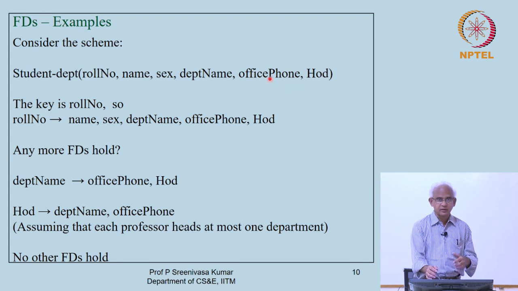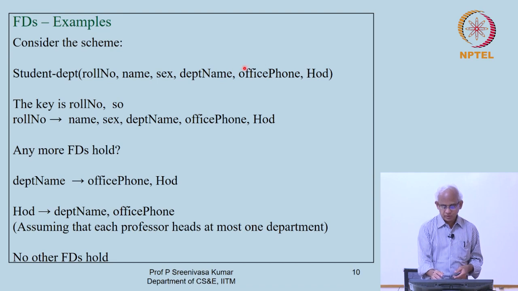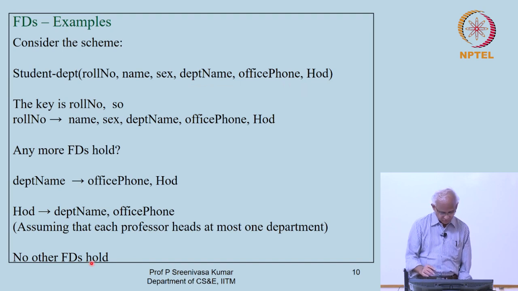Given that each department has its own phone, even office phone can be thought of as a determiner. So we can add that office phone now determines department name and also determines HOD. Good.